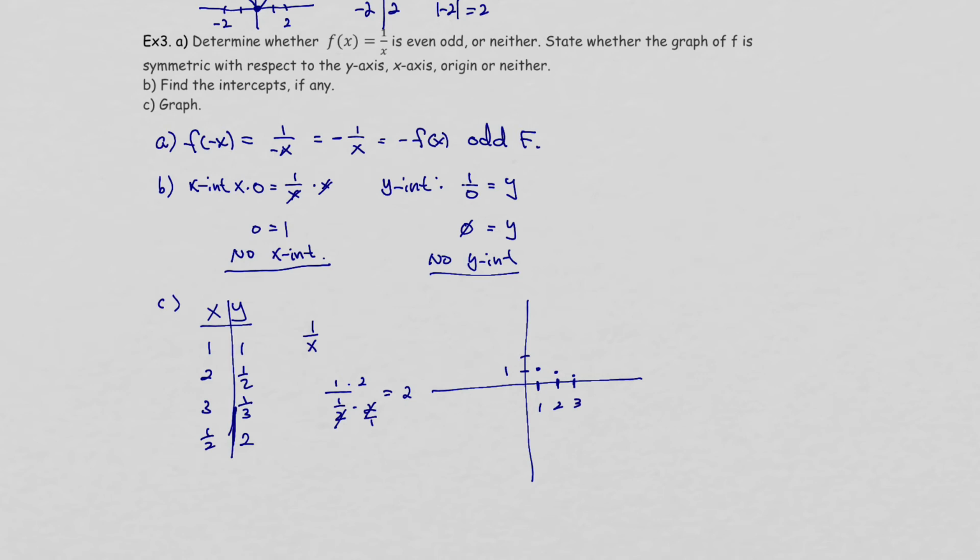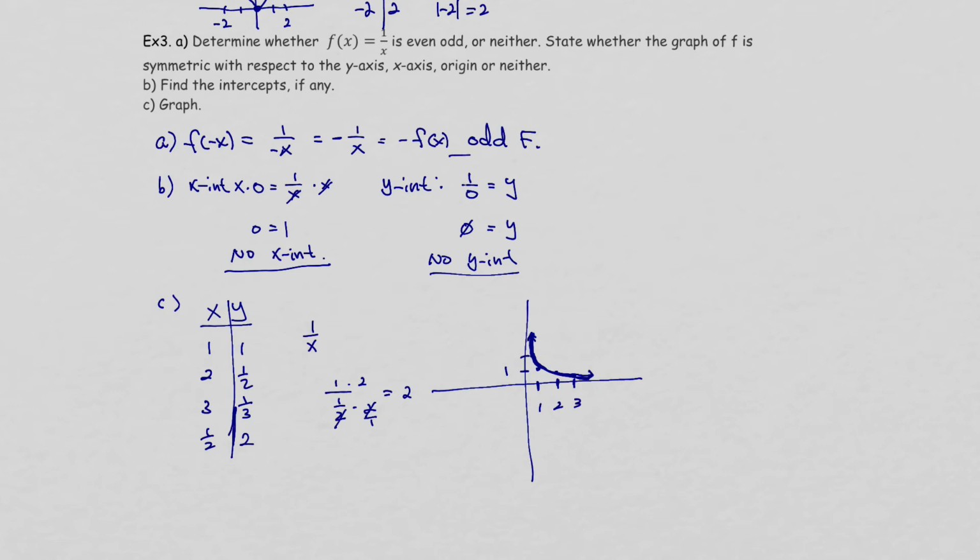Again, it will never touch the y-axis. It means your graph is going to look like that, going close to the x-axis and y-axis, but will never touch them, never cross them. So that's going to be your graph on the one side.